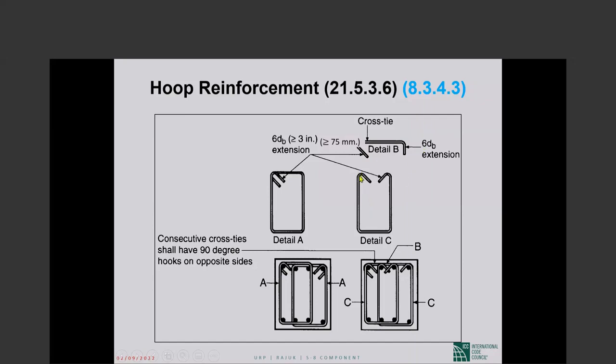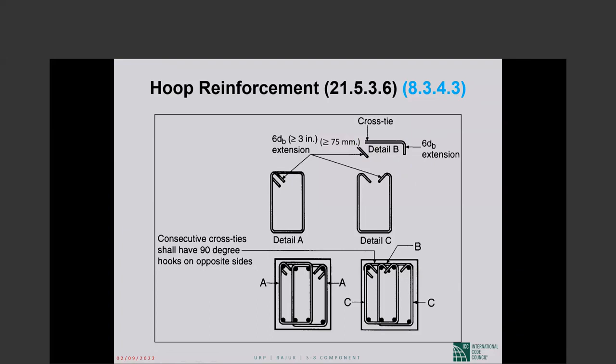Now the seismic hook and the standard hook have to alternate. On the next hook, the 90-degree bend will go to the left face, the 135-degree will come to the right face. Unless a slab frames into the beam only on the right face, in which case all the 90s will be on the confined right face and all the 135s will be on the unconfined left face.